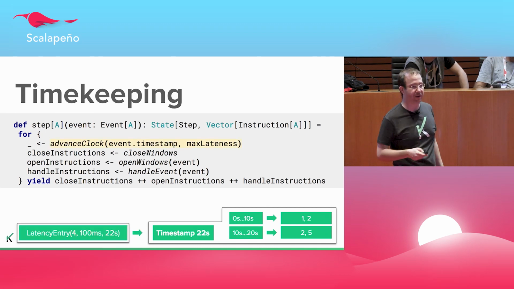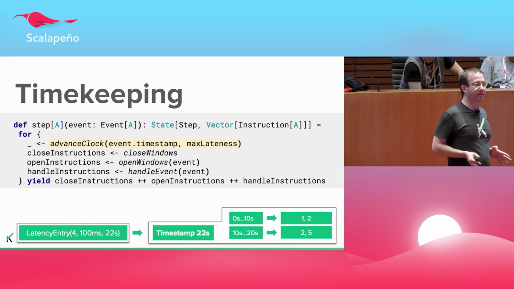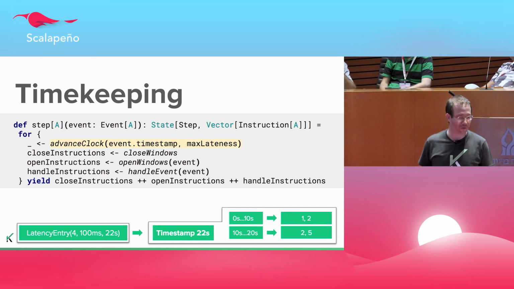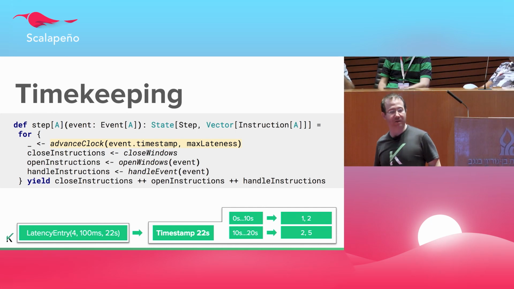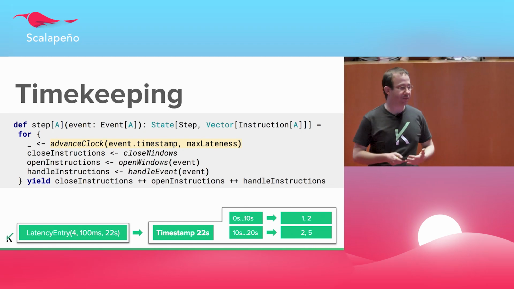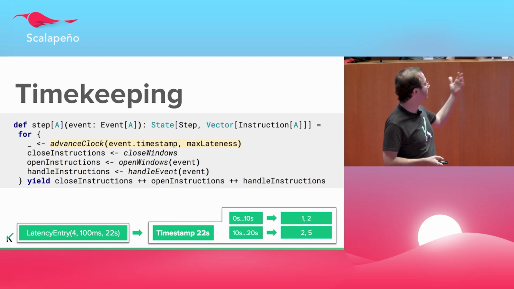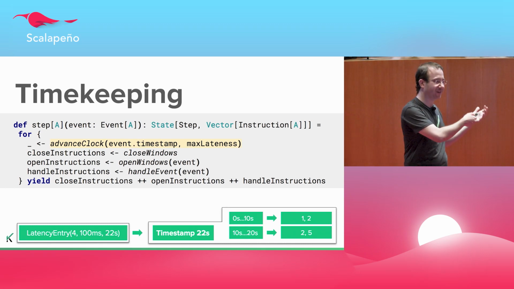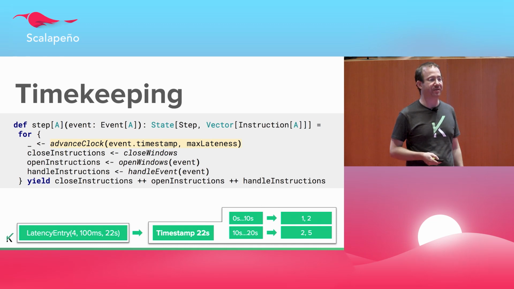So now an event arrives. We have a latency entry with a partition key, a session ID of 4. The latency that was measured is 100 millis, and the timestamp, we are 22 seconds into the run, or 22 seconds is the time at which the measurement was taken.